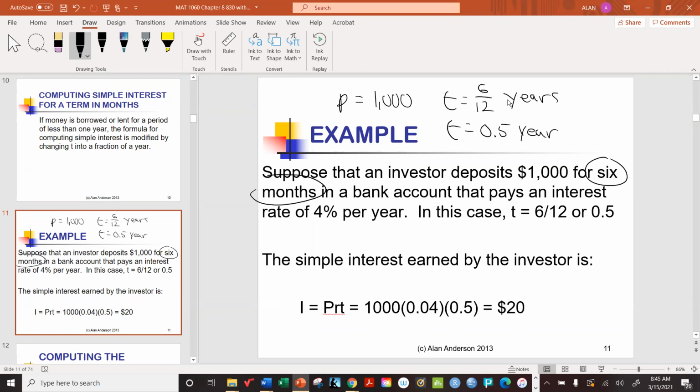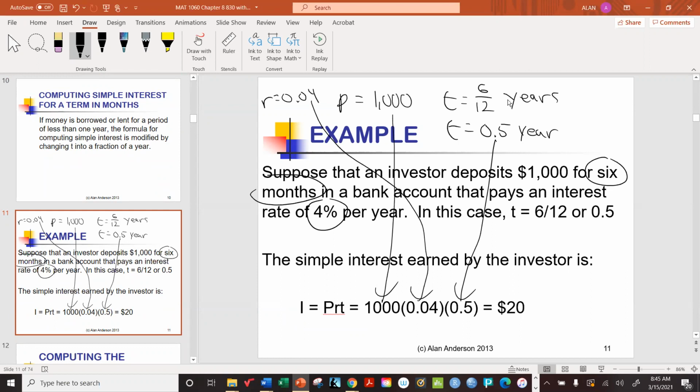And then the interest rate is 4%. And so let's plug in our numbers. Here's P, here's R, and here's T. And when you multiply those out, you get $20. That's our simple interest earned over 6 months.